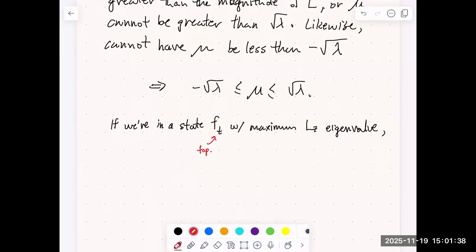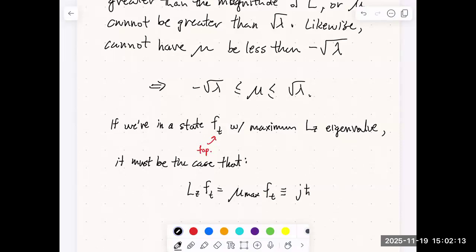We can't go any higher. So it must be the case that Lz acting on the top eigenfunction gives us the maximum value of mu, and we get our top eigenfunction back again. And I'm going to define that as j h bar times f top.